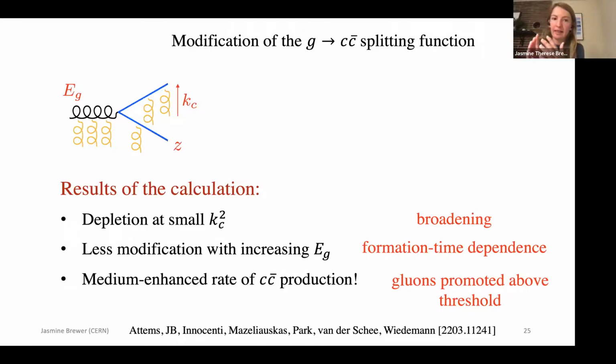If they were produced with small Kc originally, interactions with the medium tend to push them apart. So if you measure Kc after medium modification, you'll find that it's generally at larger angles because of these interactions. Okay, that makes sense. Thank you.